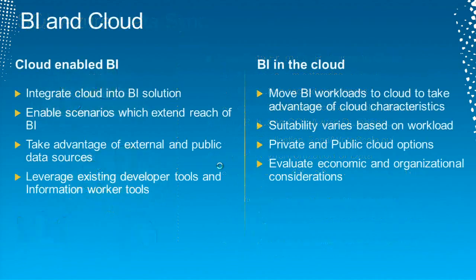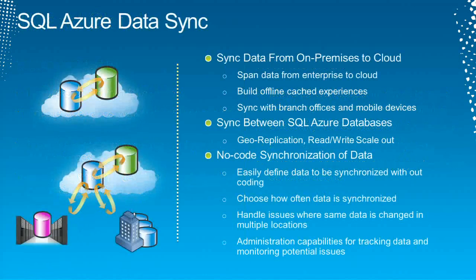Oh, all right. Could you go back and talk about the second bullet from the bottom? Handles issues when the same data is changed on multiple occasions. That's right. There are some conflict rules that it observes, one of which is the hub wins type of approach.